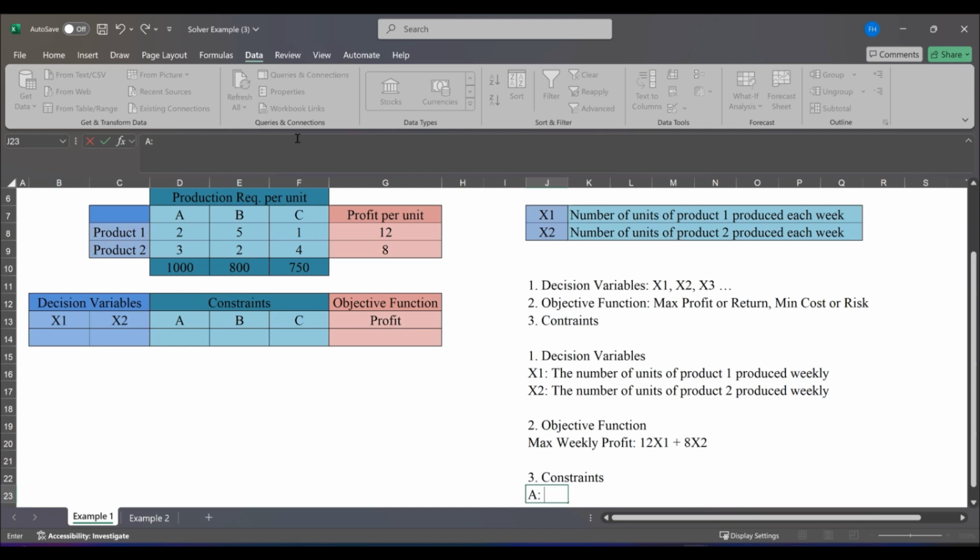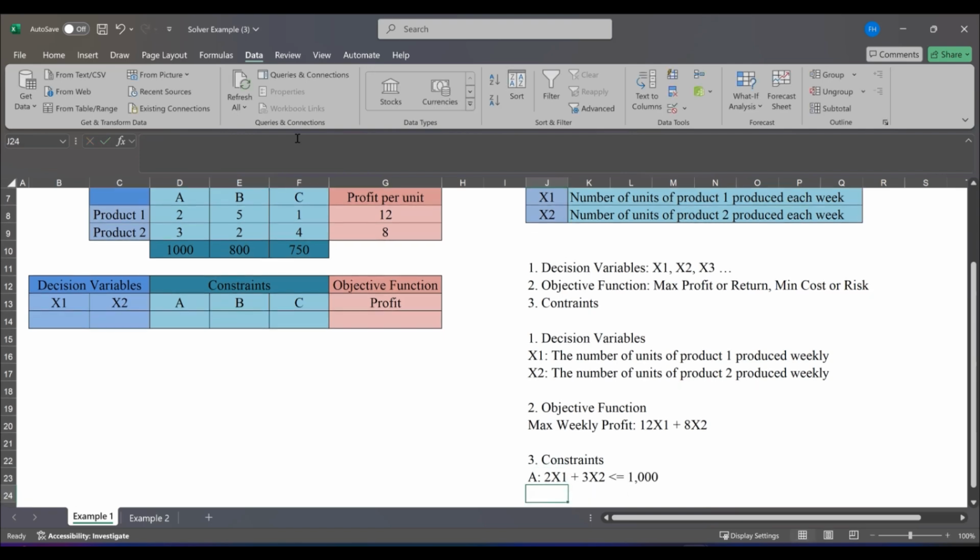For each unit of product two, I need 3 units of A. So I would simply multiply 3 times X2, which is the actual number of product to produce on a weekly basis. So here I can write the following: 2X1 plus 3X2. This should be less than or equal to 1,000, which is the available number of units.